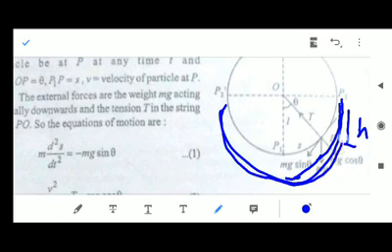So it will start oscillating about the point P1.